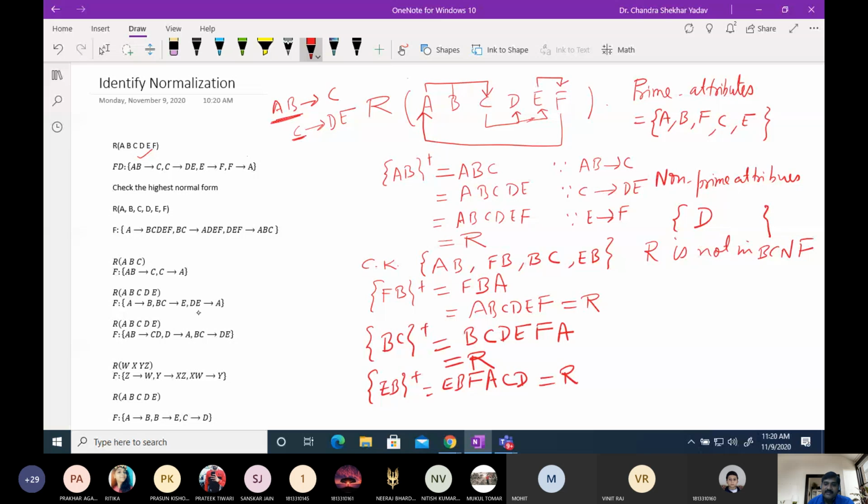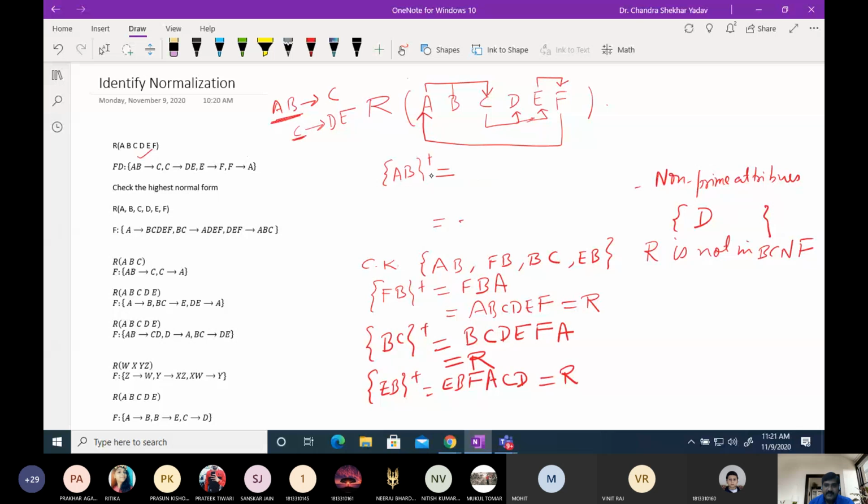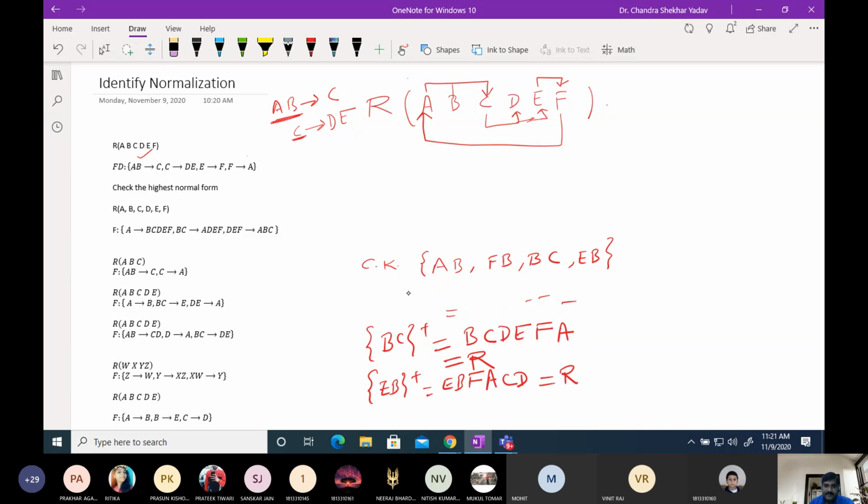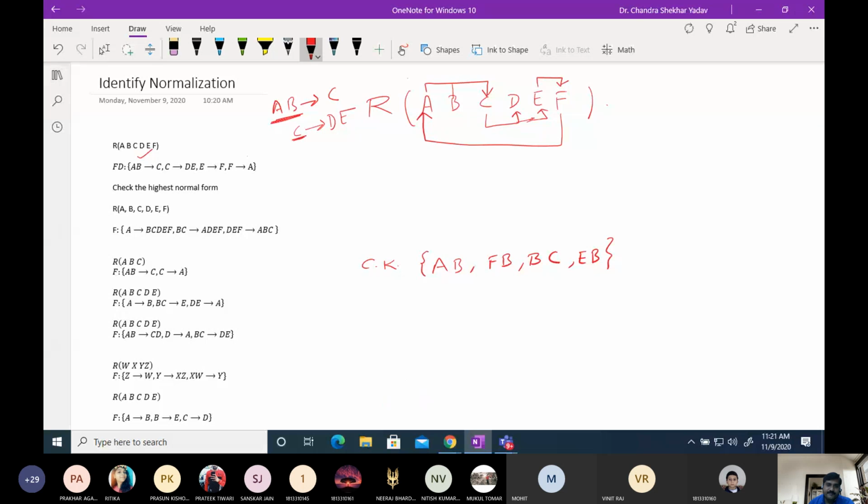Now we will check the constraints for third normal form. What is the constraint of third normal form?